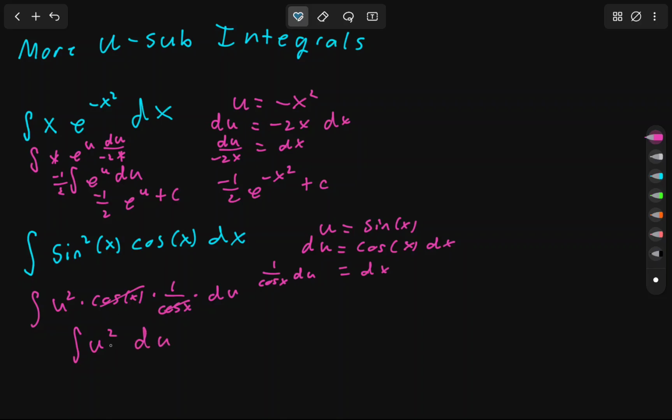This is just a power rule integral. So we will get u cubed divided by 3 plus c. But now we have to sub back in for our u. So we get sine cubed of x divided by 3 plus the constant of integration c.